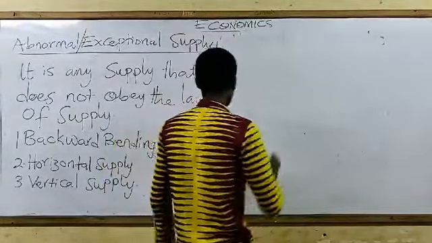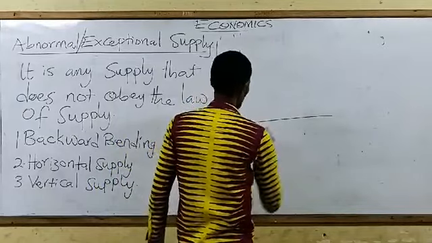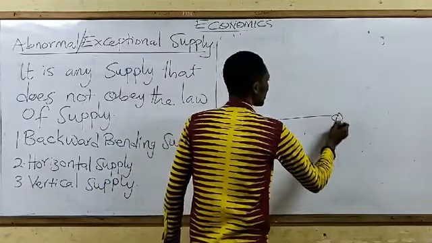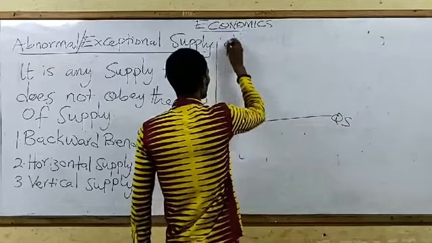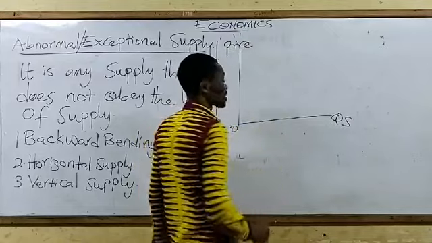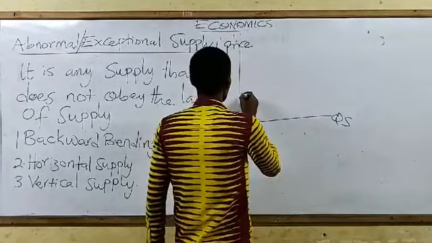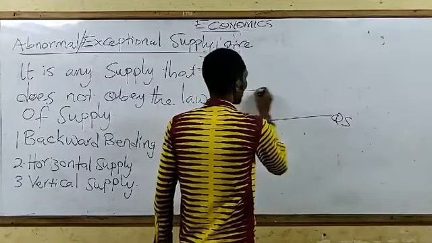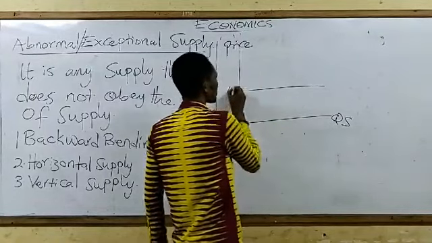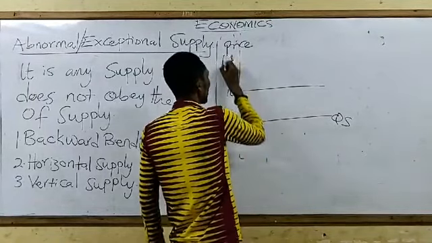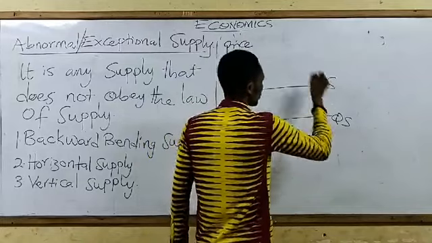We have the horizontal. It will go this way. This is the quantity supplied and this is the price. This time it's not wage, it's price. And because it's horizontal, the curve will be like this. Let's say the amount is 10 in dollars, and this is the supply.